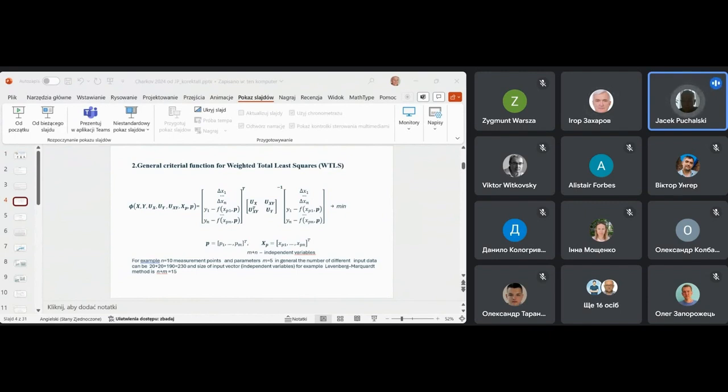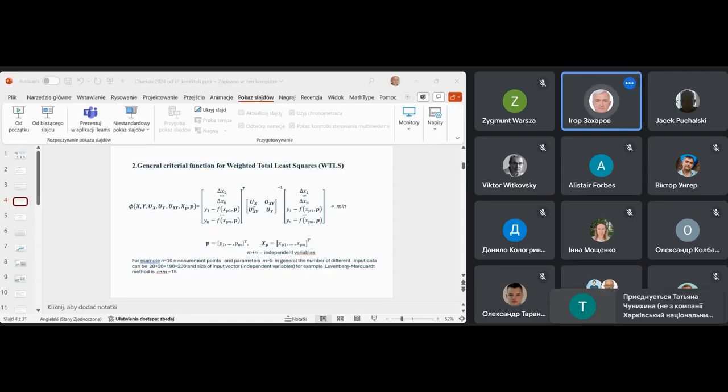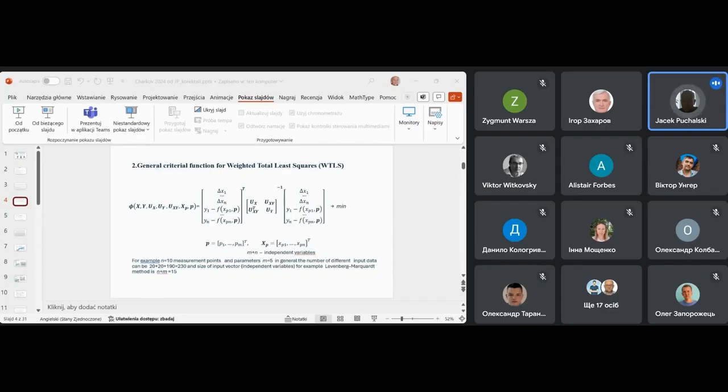Could you tell me if the slide is changed? Yes, type of least square methods. It's slide number 4, and now it's slide number 3. No. Type of least square method. Previous slide to next. Yes, okay, but I changed the slide.